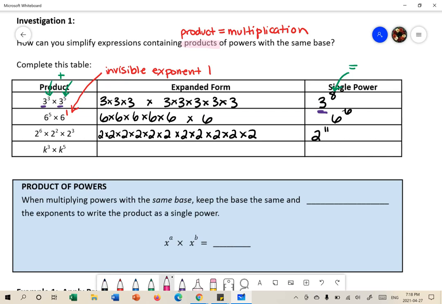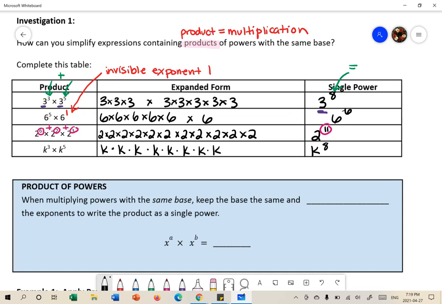Or 6 plus 2 plus 3 is equal to 11. And finally, instead of using integers, we're using variables. k cubed times k to the power of 5. So that's k times k times k times k times k times k times k times k, which is equal to k to the power of 3 plus 5, which is 8.